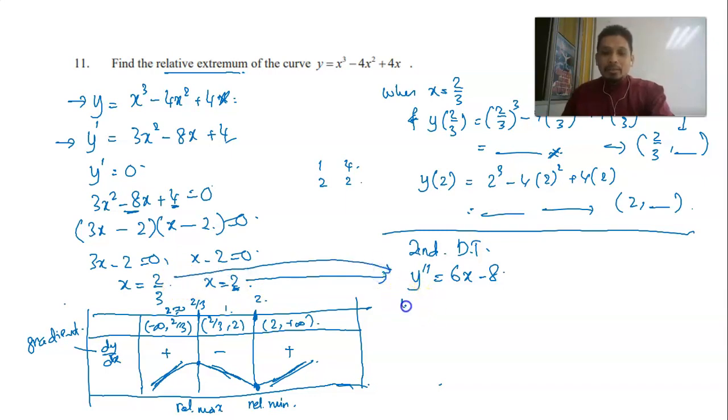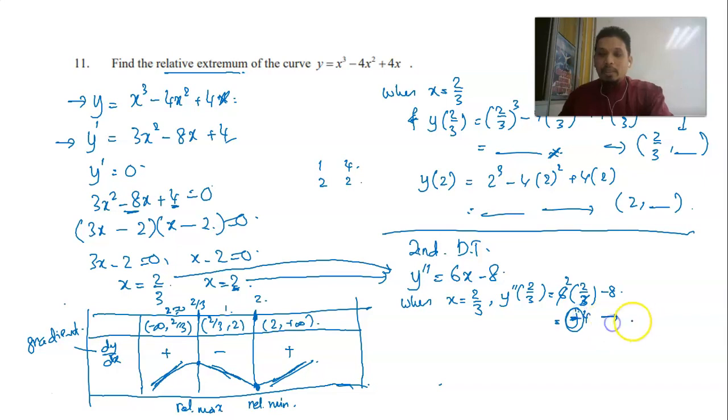Okay, so when x equal to 2 over 3, then y double prime at 2 over 3 equal to 6 times 2 over 3 minus 8. 6 divided by 3 equal to 2, 2 times 2 equal to 4, 4 minus 8 equal to negative 4. So with the negative value of 4, we come up with the conclusion that it is a relative maximum.